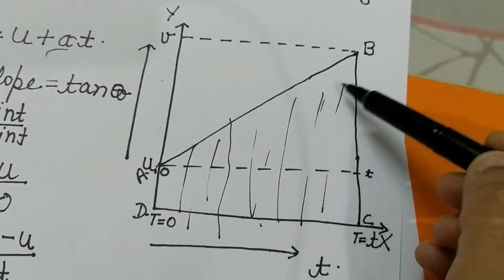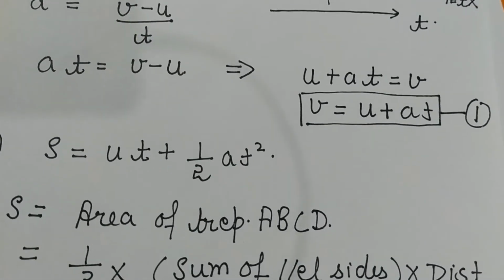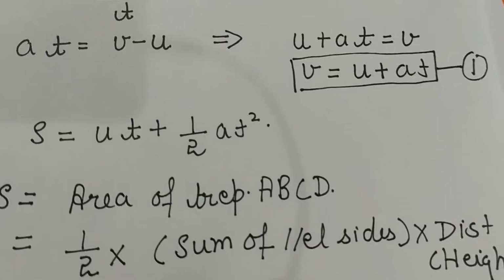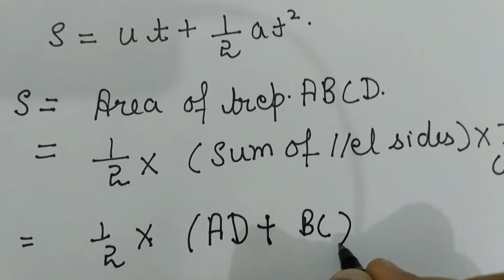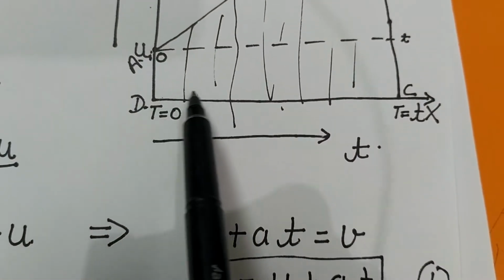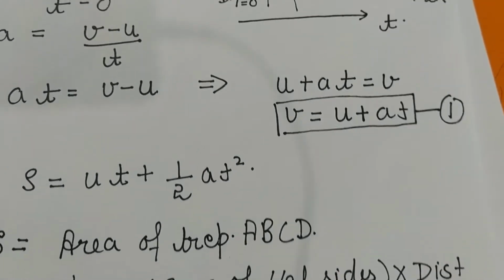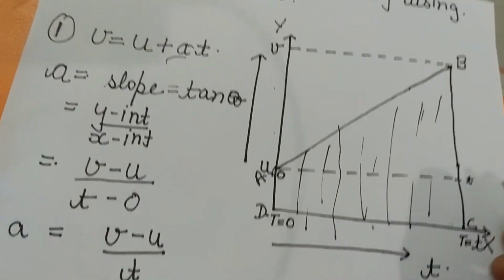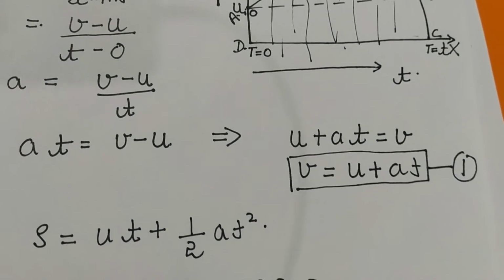Here AD and BC are parallel sides. So the sum is AD plus BC, multiplied by the distance, which is represented by this line, CD.